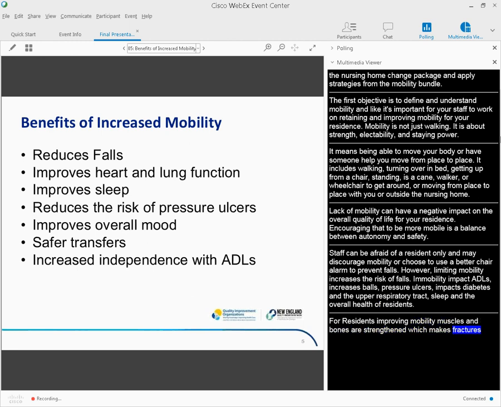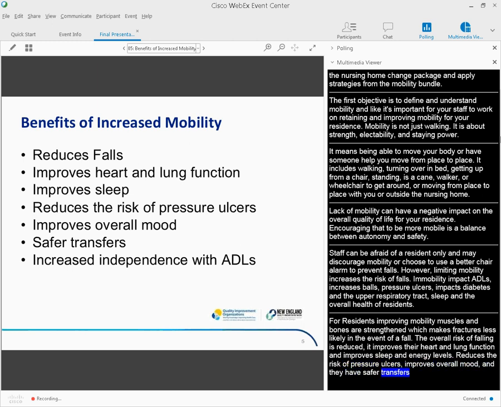Their overall risk of falling is reduced. It improves their heart and lung function, improves sleep and energy levels. It reduces the risk of pressure ulcers, improves their overall mood. They have safer transfers. There's increased independence with ADLs, and residents are less socially isolated and participate more in group activities.